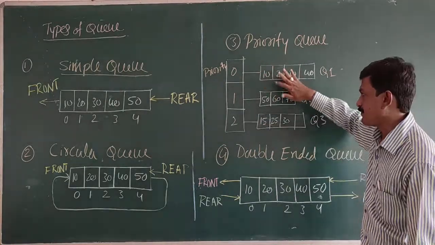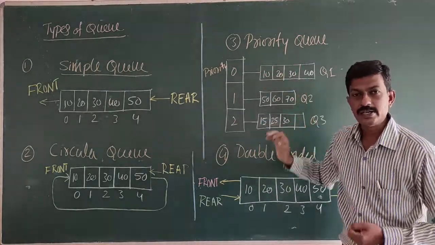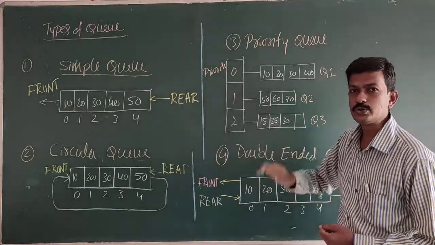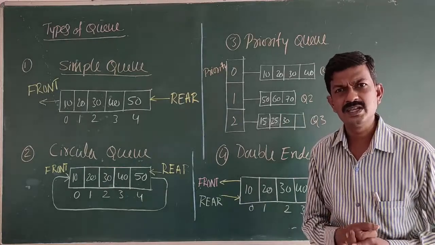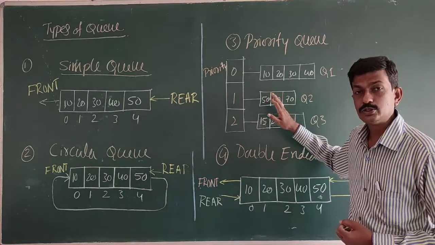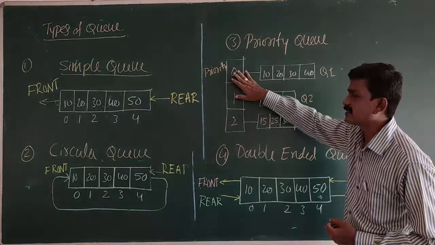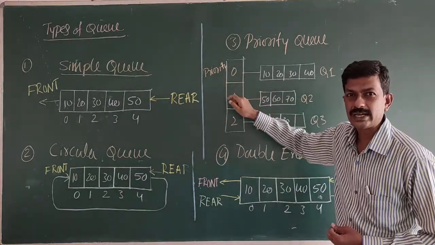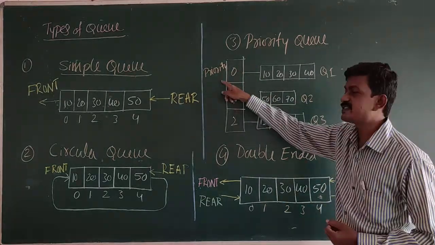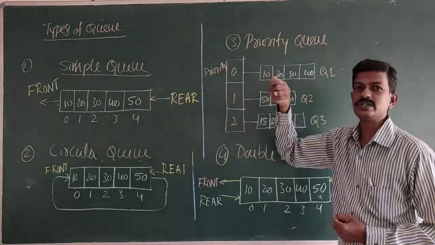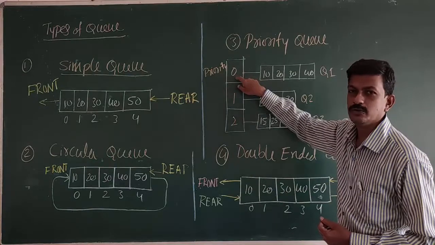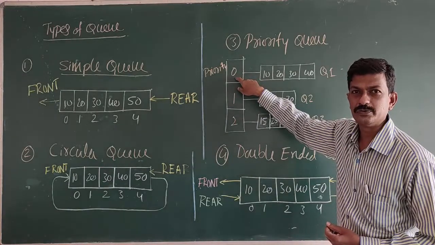Priority means I have several queues. Among these, if you want to perform a certain operation, which queue has to be chosen? It is quite confusing. To avoid this, I assign a preset priority value, which resolves that confusion. Based on this preset priority value, the queue with the lower priority value is chosen.